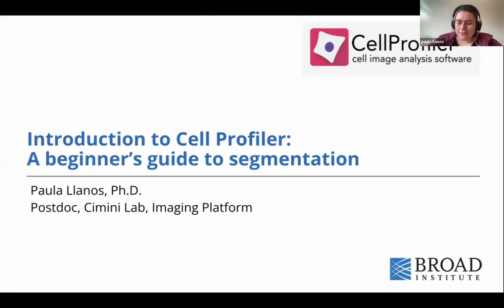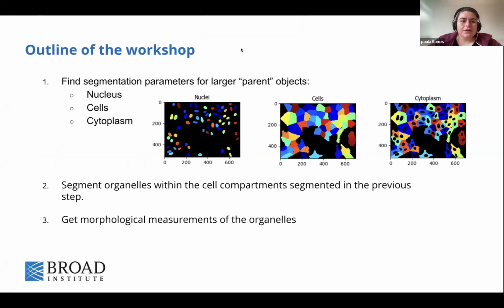So I want to go through the exercise that you are doing today. The main aims for this exercise and tutorial that you will follow: the first aim is to segment some parameters for larger parent objects, which will be nucleus, cells, and cytoplasm.